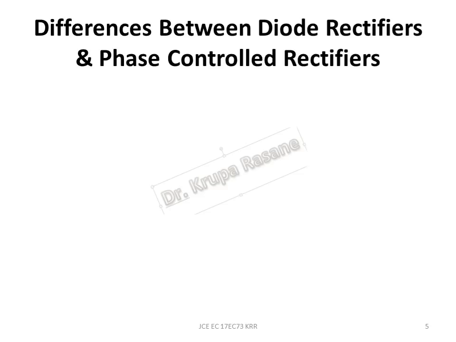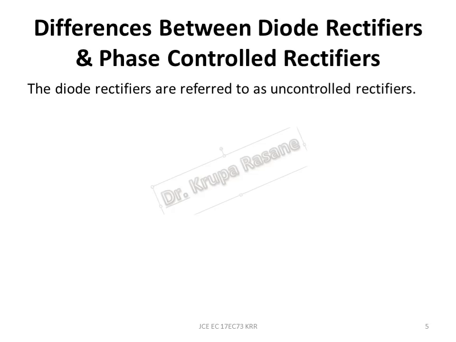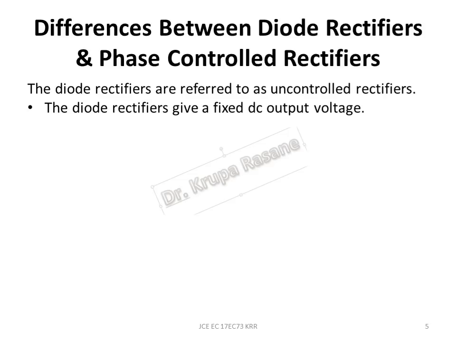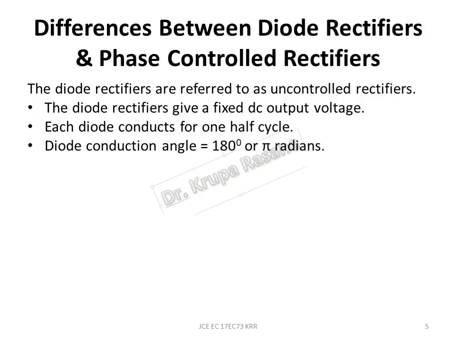So let us look briefly at the difference between a diode rectifier and a phase controlled rectifier. The diode rectifiers are referred to as uncontrolled rectifiers. So diodes are the devices inside. And diode rectifiers give us a fixed DC output voltage. Each diode will conduct for half a cycle and the conduction angle will be from 0 to 180 degrees.